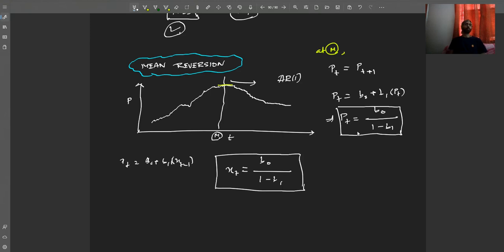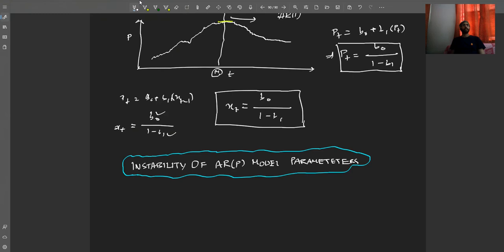Tell us the value. What you will do? You just rearrange this equation and replace xt minus 1 with xt and say that it will happen at xt is equal to B0 by 1 minus B1. Obviously B0 and B1 should be given, and by measuring this you can predict the mean reversion point. It's as simple as that, friends.